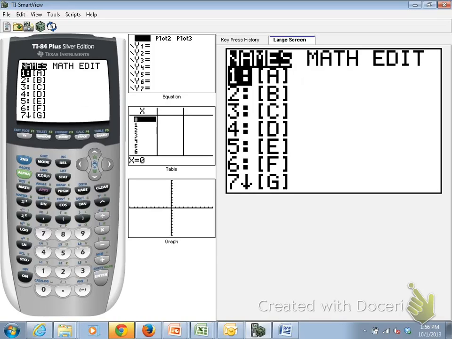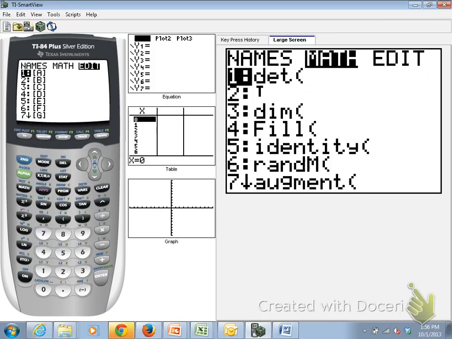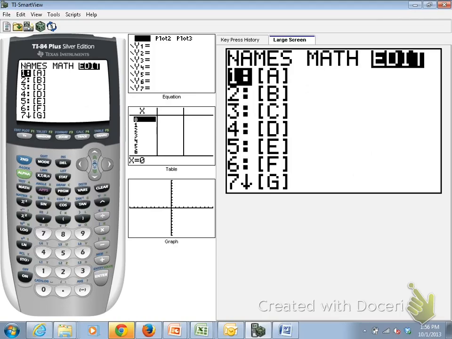Okay, now anytime we want to add information into our calculator, what do we usually push? So when we're putting something in our calculator, what do we need to do? Edit. Okay, so we're going to go to edit.